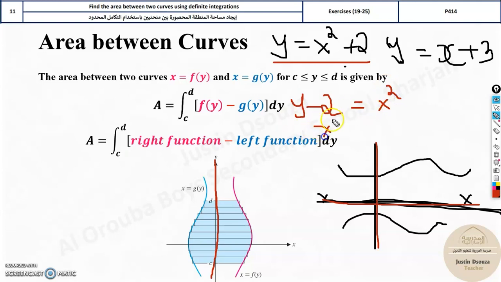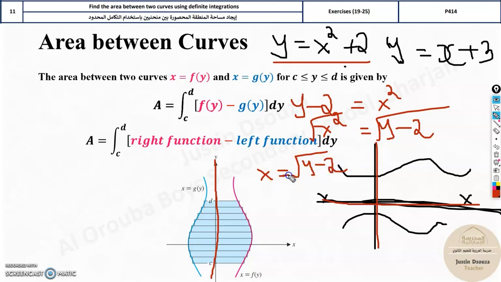I'll bring x squared to the left side, just swapping the positions. Take the square root on both sides, and you will get x equals root of y minus 2. This is the equation we will be using. Similarly, over here, it would be x equals y minus 3. This would be the equation we will be using.